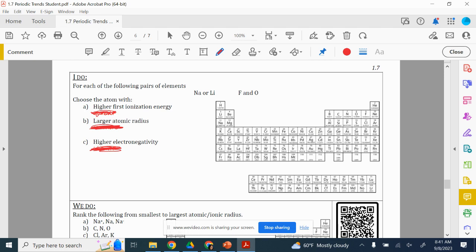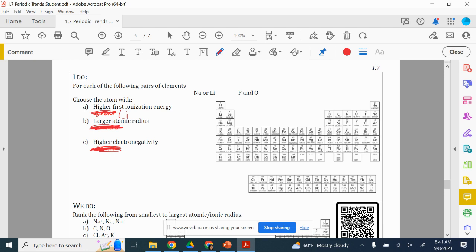Which one would be harder to pull an electron away from? Lithium. Why? Because of Coulomb's law. It's closer to the nucleus, so it's holding it on tighter.